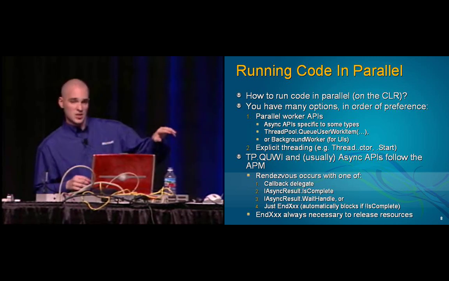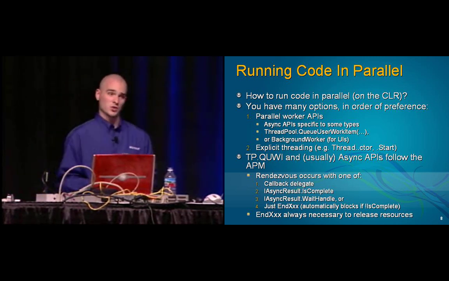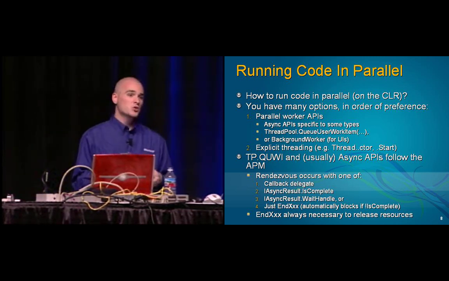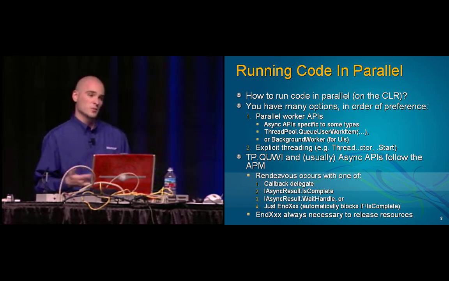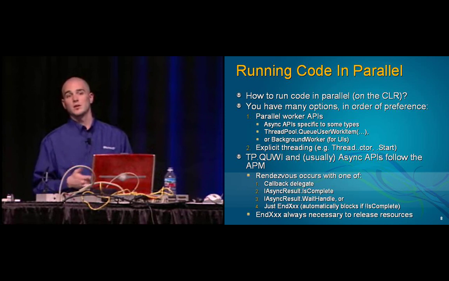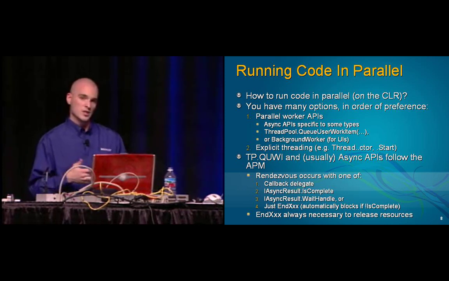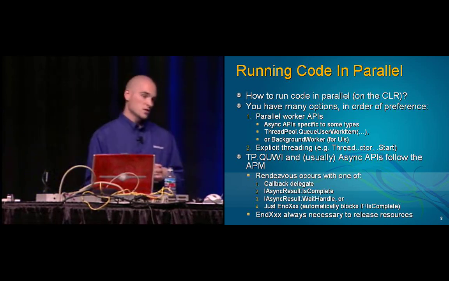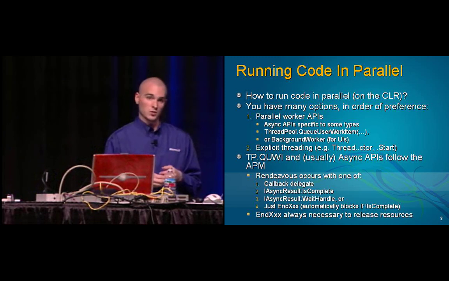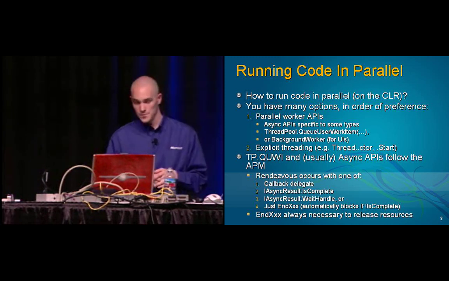One thing that I didn't mention is that a lot of APIs have asynchronous versions, and these usually are optimized for the scenario. For example, the FileStream class has BeginRead, BeginWrite, EndRead, and EndWrite functions. These follow the asynchronous programming model, otherwise known as the APM.